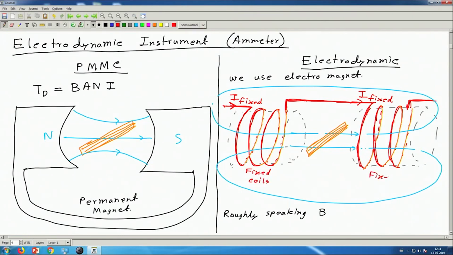This is the fixed coils, and this is called the moving coil. This is also the moving coil. Now, roughly speaking, this flux density B will be proportional to I fixed, or in short, for ease of writing, let me just write I_F, F for fixed.